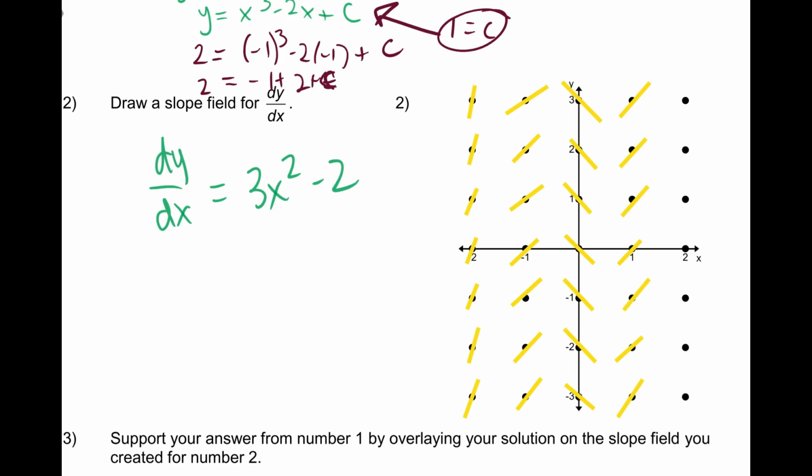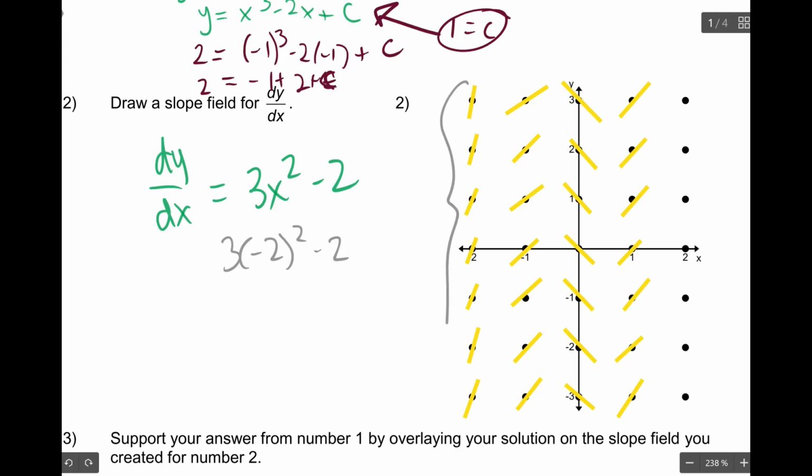Why? Because if I plug in, let's say, -2: 3 times -2 squared minus 2. So that's 4 times 3 is 12, minus 2 is 10. So all of these right here have a slope of 10, because all of these have the same x value, all the way down.